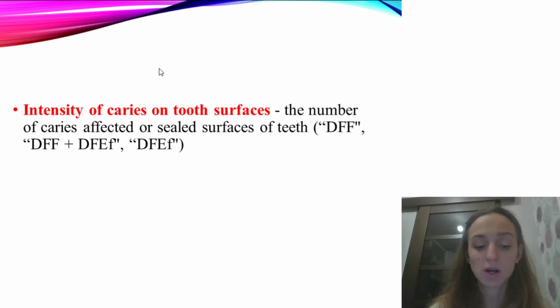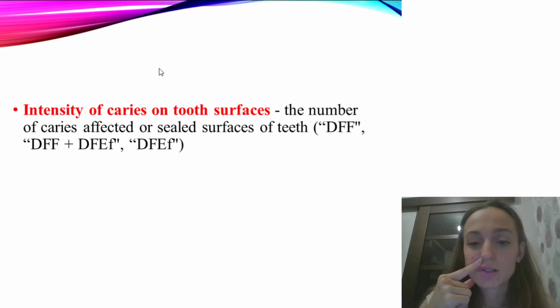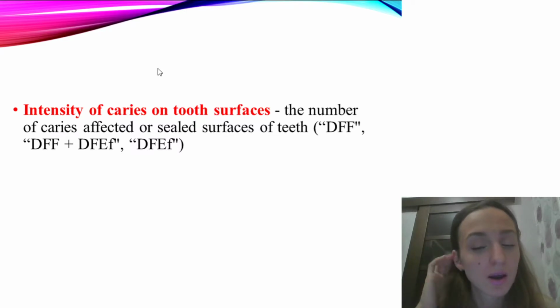So if in tasks you see that, for example, the first permanent molar has two carious surfaces, you should write two, not one tooth, but two.